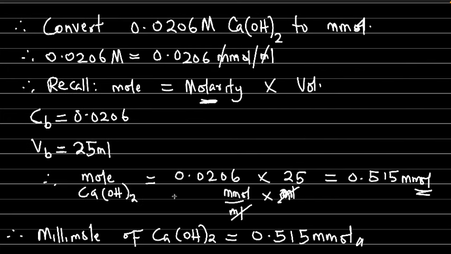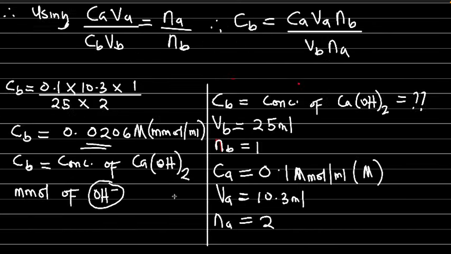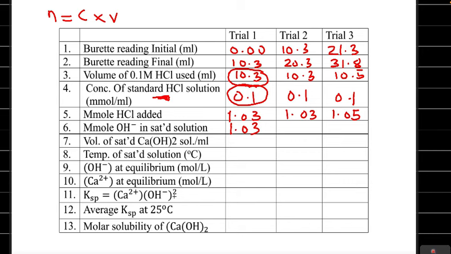So you can do the same thing for trial 2, right? You can even decide not to stress yourself for trial 2. Trial 1 is enough because when they are marking, once they see your calculation and they check the table, once you've done one of them, I think you can still get your mark.